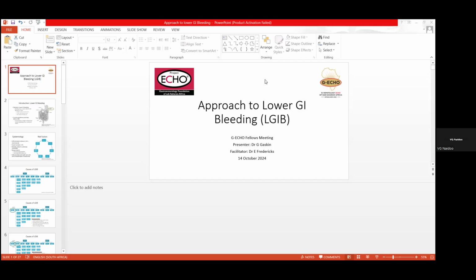You can still go ahead with a balloon-assisted enteroscopy, either single or double, whichever you have access to, and you may improve your yield. At the same time, you shouldn't hesitate to redo those interventions, those scopes. In fact, a significant proportion of the time, you might find something on the repeat scope.